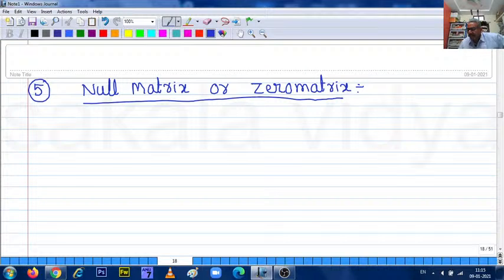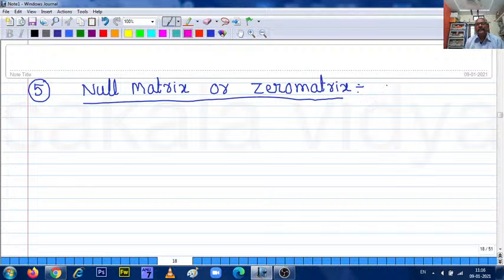Otherwise you can say, if all the elements of a matrix are equal to 0, then it is called a null matrix or a zero matrix. All the elements are 0. Very good. Generally the null matrix or zero matrix in this chapter is denoted by the letter O, but its type or order will change from problem to problem. This is the additive identity, so we can also call it the additive identity.